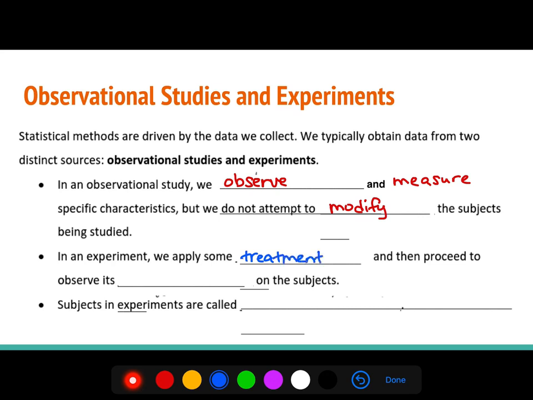In an experiment, however, we apply some kind of treatment, and then we proceed to observe its effects on our subjects. And one of the things we need to note is our subjects in experiments are called experimental units.